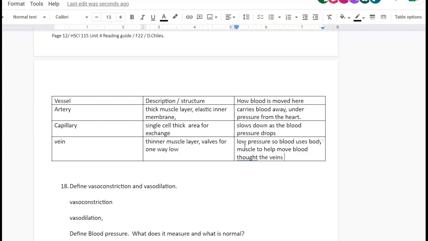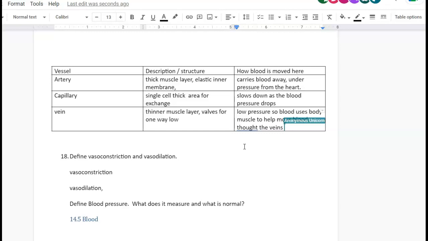Let's just do vasoconstriction. What does constriction mean? Get smaller. So vasoconstriction is to contract the smooth muscle to decrease the diameter.